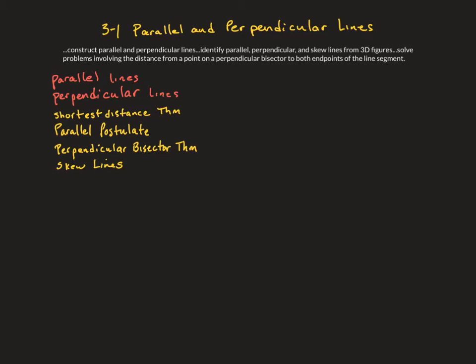As we identify parallel lines, remember our parallel lines will be indicated using some form of symbol, and they are coplanar and they do not intersect, and that's what that means. And later on we'll talk about their slopes, but for now just know that they do not intersect.